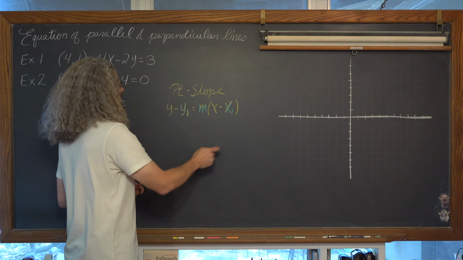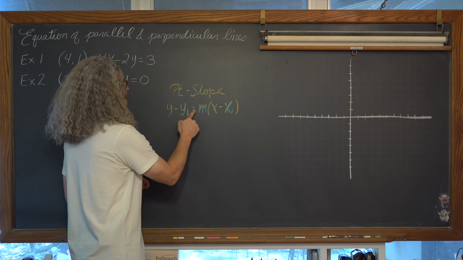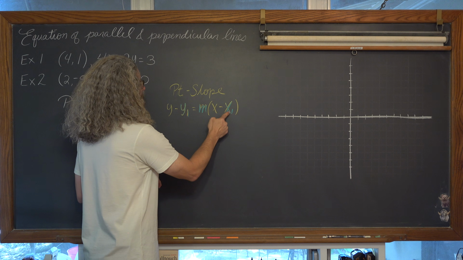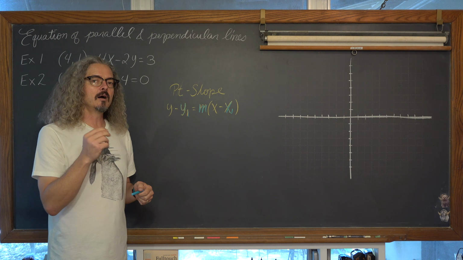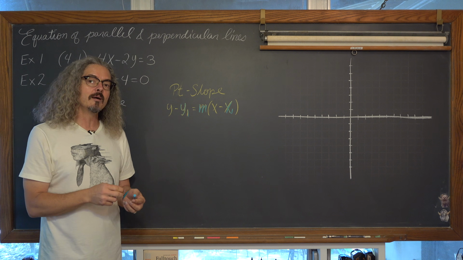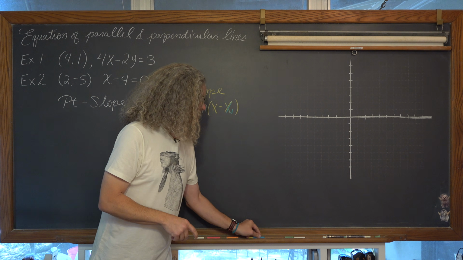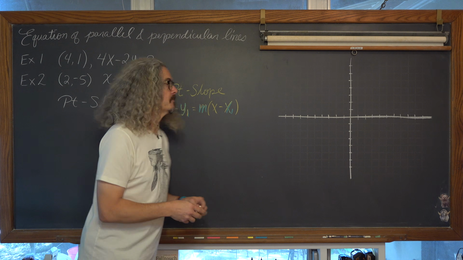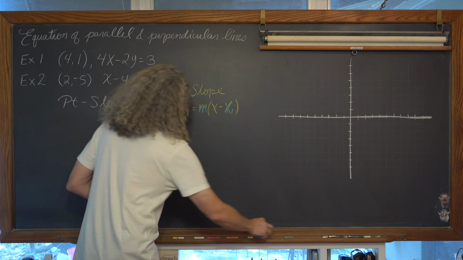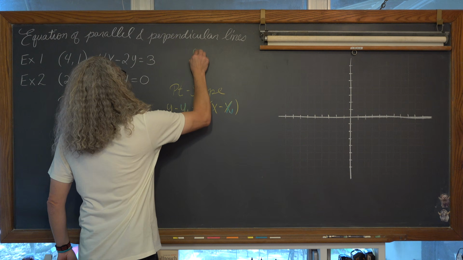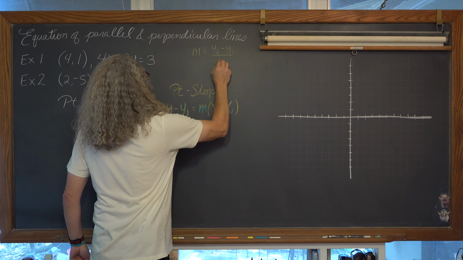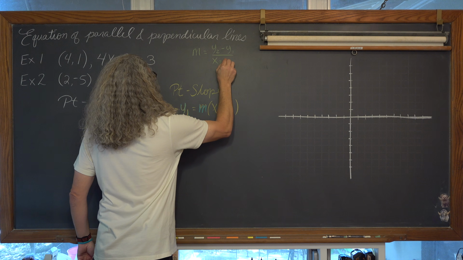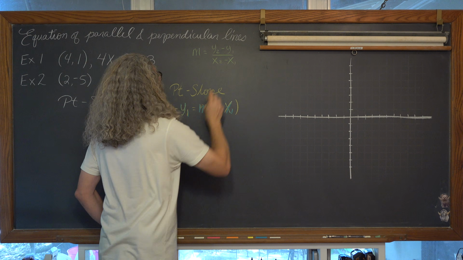But to write the equation of a line, y minus y sub 1 is equal to m times x minus x sub 1. If you forget this point-slope form of a line, most of my students will remember more consistently, because we use it so often, the slope formula. The slope formula is m is equal to y sub 2 minus y sub 1 over x sub 2 minus x sub 1.